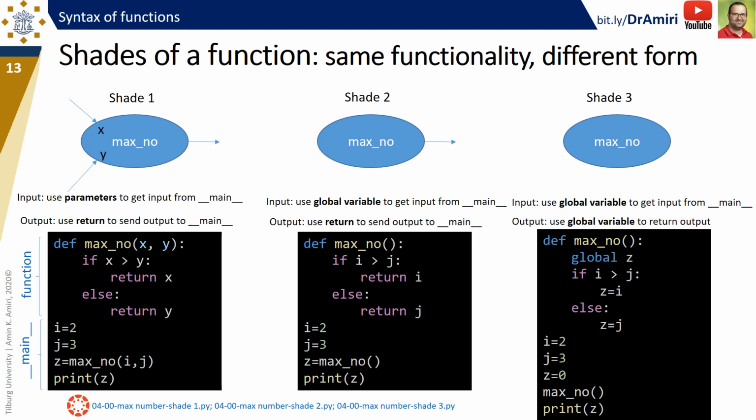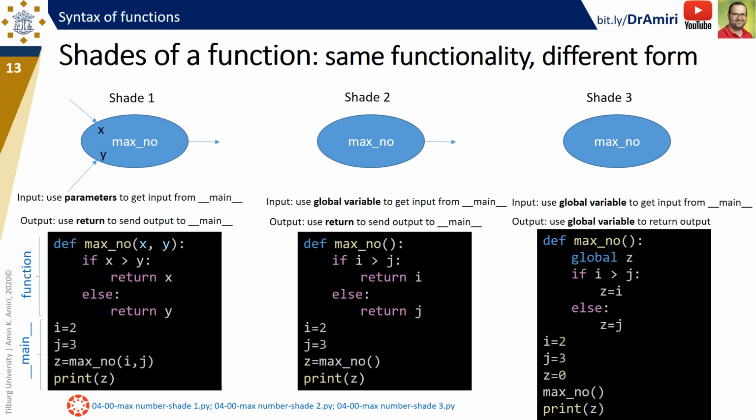In shade 3, not only do I not use parameters to get input from the dunder main, I also don't use the return statement to return the greater number to the dunder main. What I did was use z, the variable that is created in the dunder main.